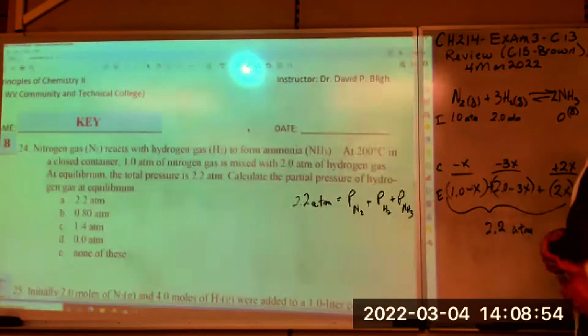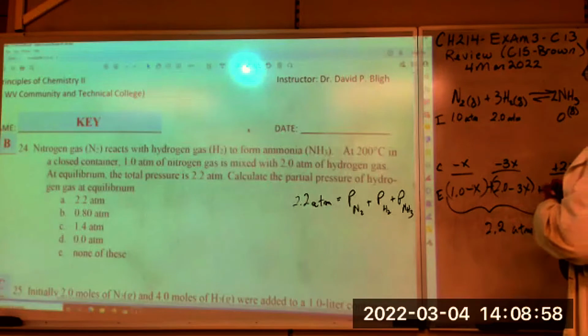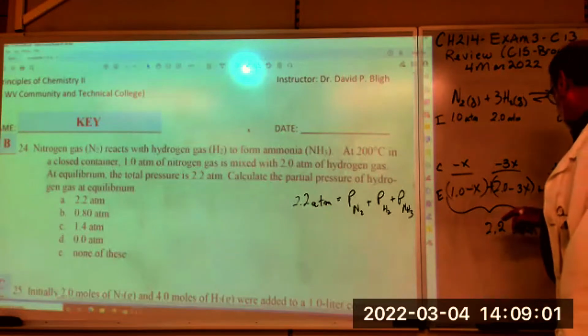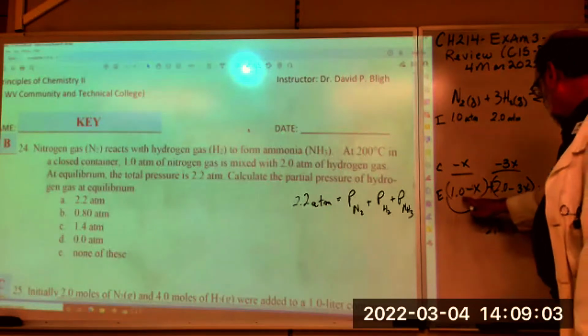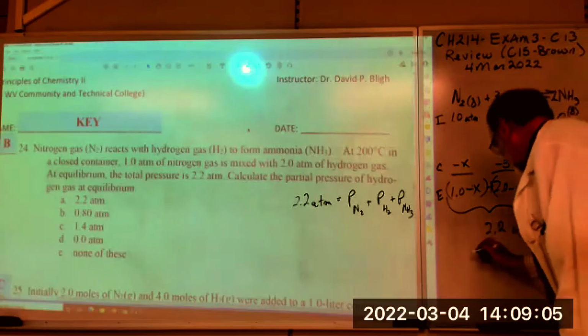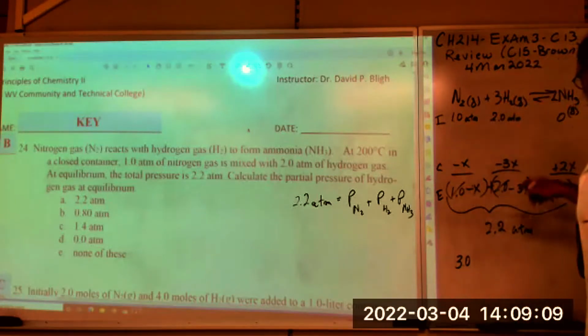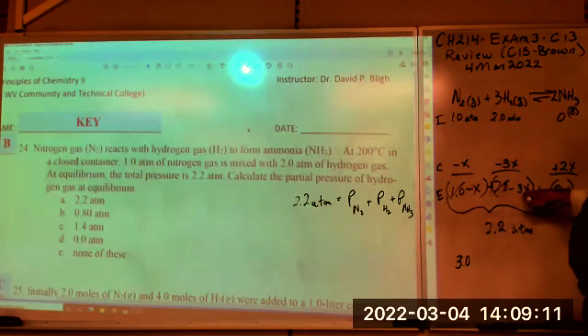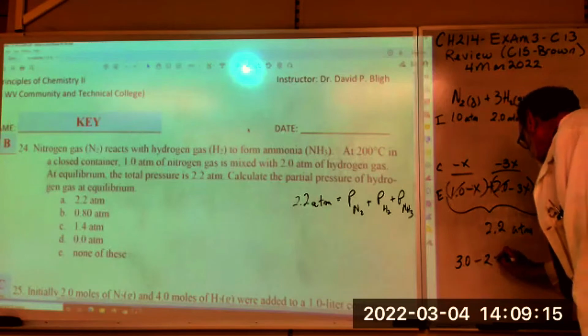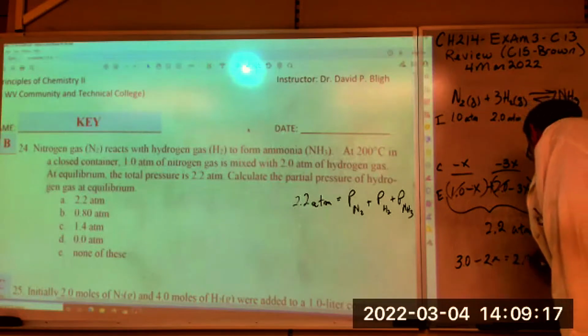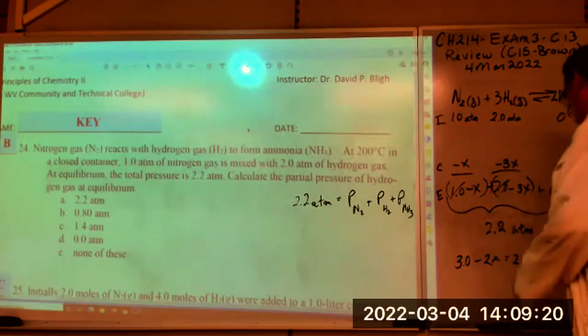So we can solve for x, correct? Okay, so let's combine all our terms. 1 plus 2 is 3. And then a minus x and a minus 3x is minus 4x, plus a 2x is a minus 2x, equals 2.2 atmospheres.